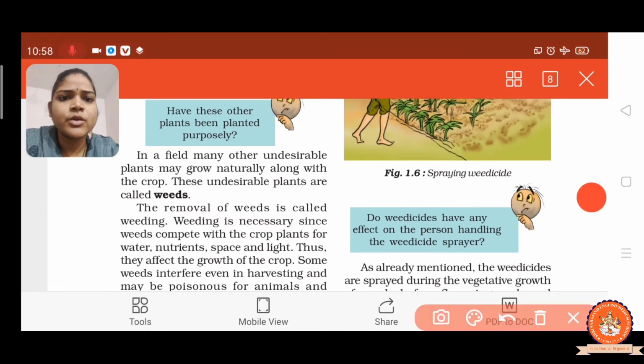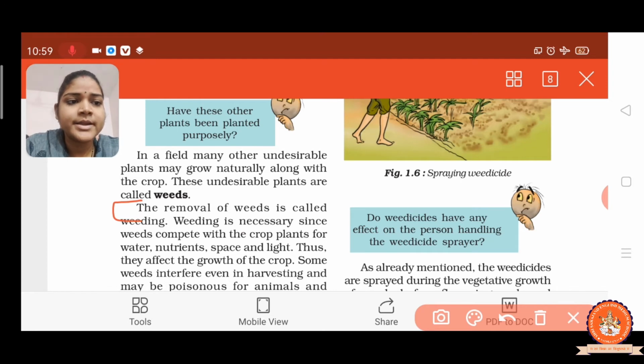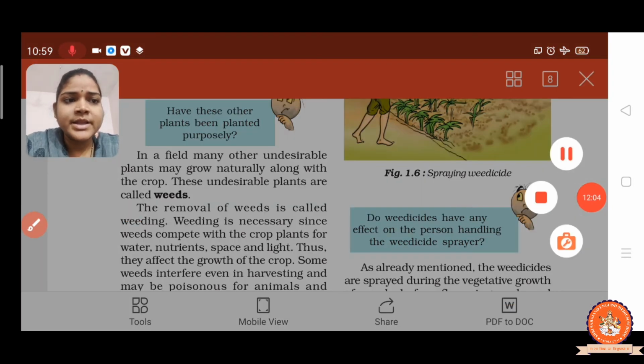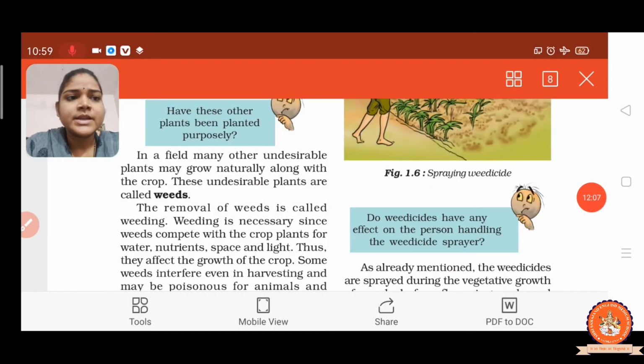The removal of weeds is called weeding, and weeding is necessary. If you do not remove them, they damage the main crop, right? For example, amaranthus, grass, and wild oats.